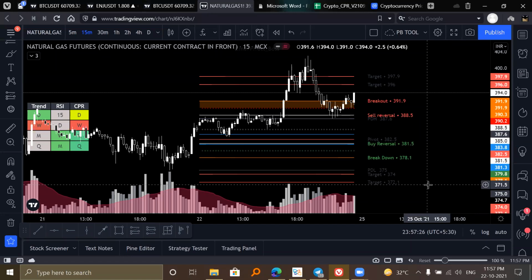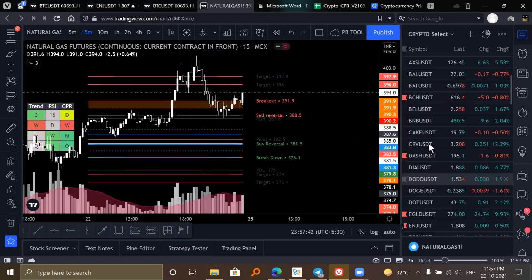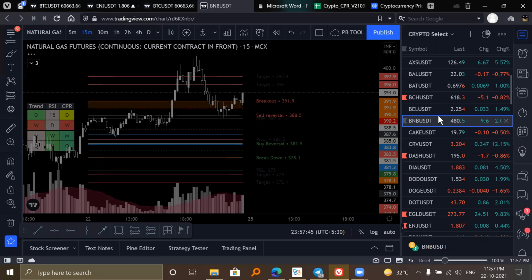But for those auto zones to work, it is specifically formulated keeping in mind different types of participants in the market, right? Someone would be a swing trader, position trader. So if he's using 1 hour or above time frame, the pivots will be switched to your weekly pivot levels.